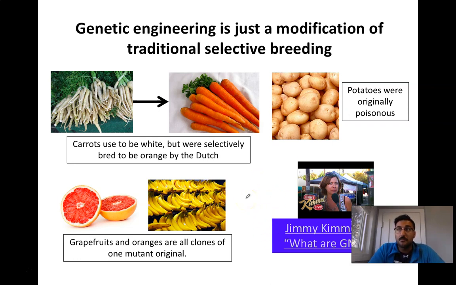GMO just stands for genetically modified organism, and all that means is that we've changed things to grow better in harsher environments, or so that they don't get attacked by pests in a crop field, or so they grow quicker, have a greater yield, and are more hardy in drought seasons or rainy seasons. In a time when we have major population increases and food shortages, genetically modifying our foods and our crops is very important to the survival of our species.